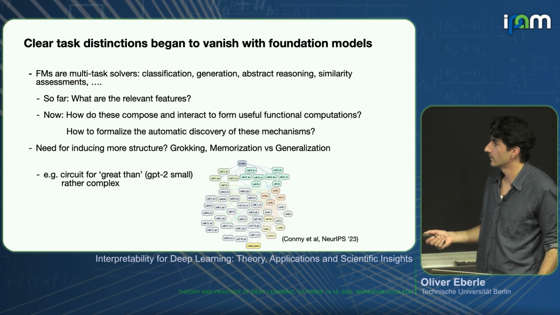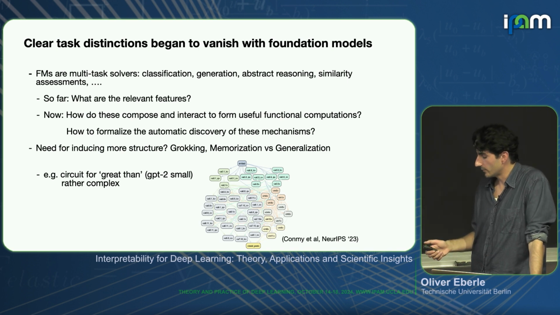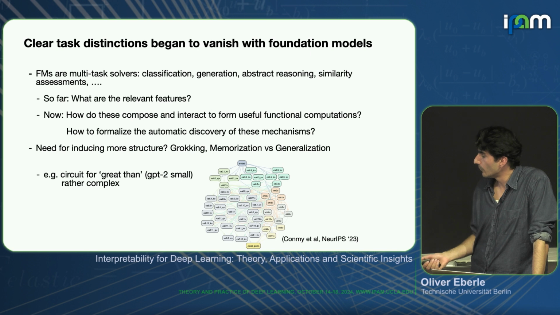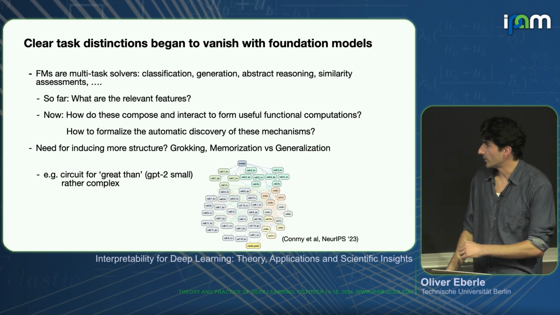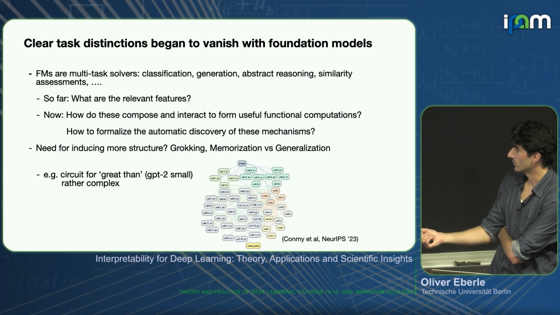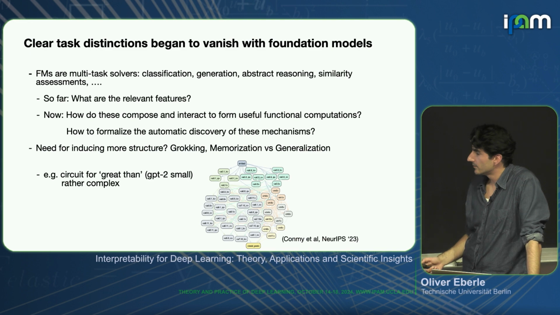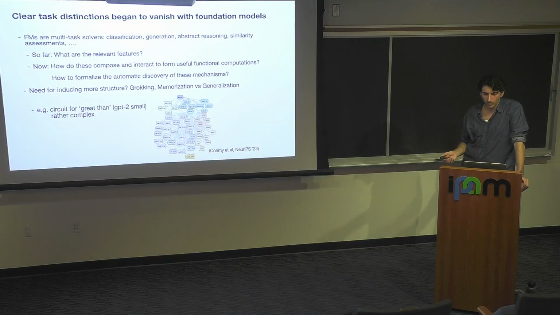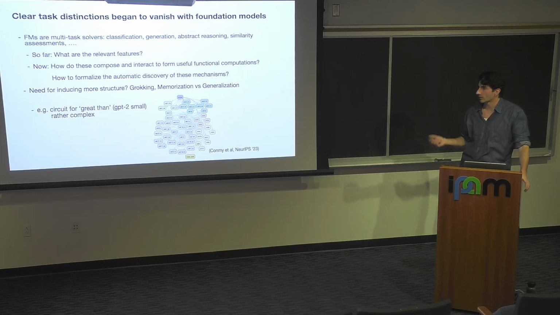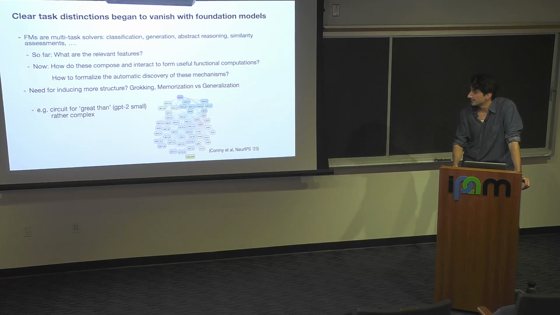I think our work contributes to this by resolving more complex structure in the model, and goes towards finding these more functional computations. For example, circuits are a common way of looking at these functional components nowadays. But it's open how we can formalize the discovery of these mechanisms, and I think some of the approaches we developed could be quite useful for this.